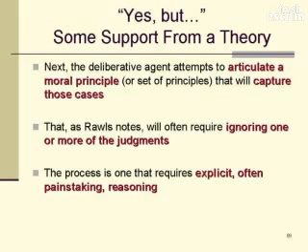It's often impossible to get a coherent, simple, satisfying principle or set of principles that'll capture all those judgments. And furthermore, the process is one that requires very explicit and often painstaking reasoning, as we all know when we engage in this sort of thing in doing philosophy.